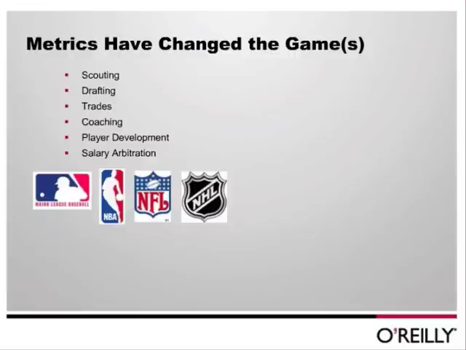So first of all, in general, this idea of Moneyball and the use of advanced statistics has really changed professional sports, at least in the United States, over the last 10 years.